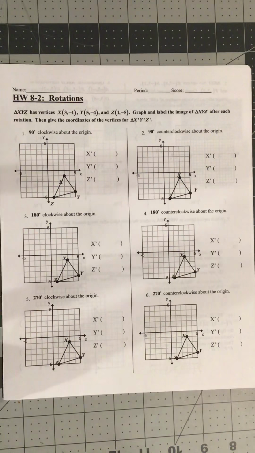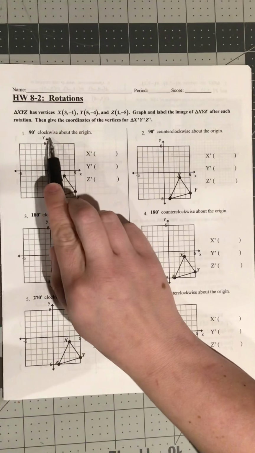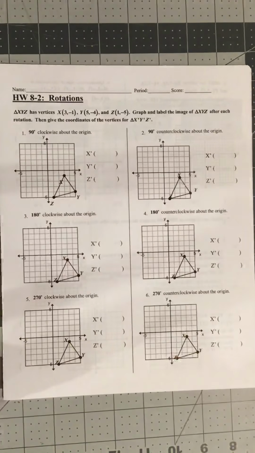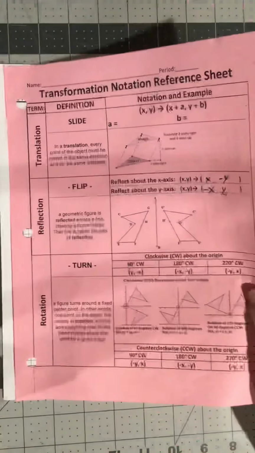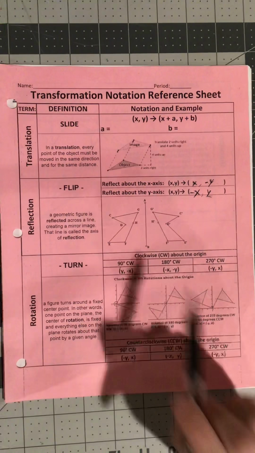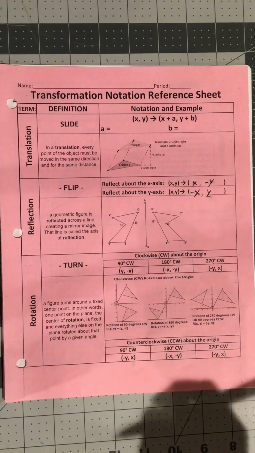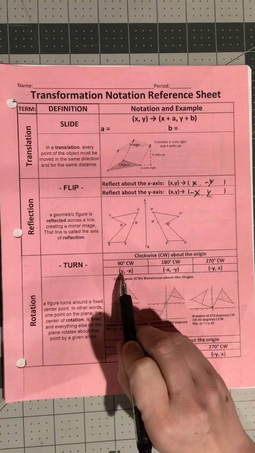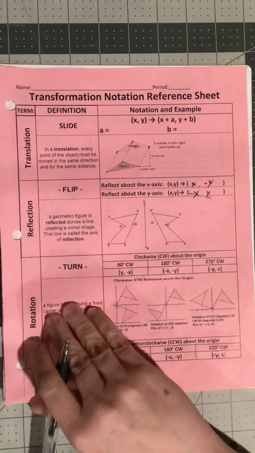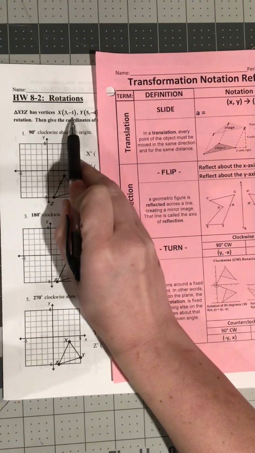Okay, so let's look at this. We need to go 90 degrees clockwise about the origin. Well, let's get my sheet out. My sheet, this is my clockwise, and this is my counterclockwise. When we're looking at clockwise turns, say we're given this 3, -1.